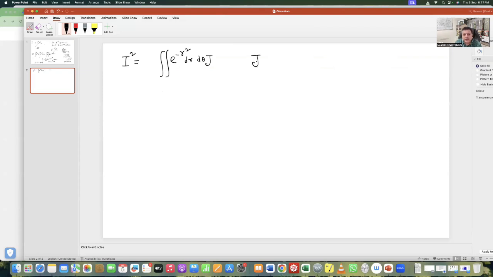Now, what is this Jacobian? This Jacobian is given by a determinant. So x is r cos theta, and y is r sin theta.